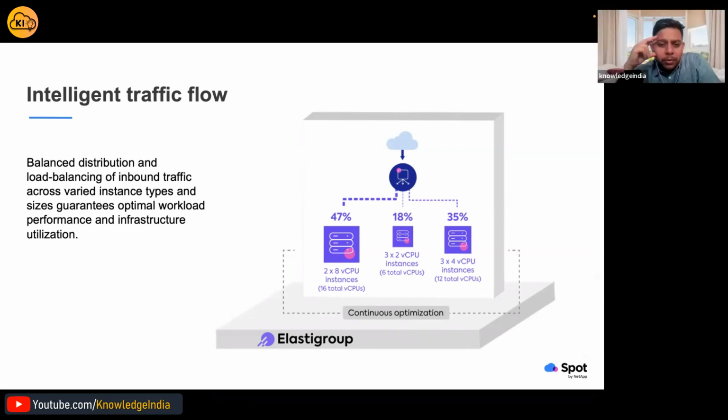Yeah, I'm just a bit curious on this. This is a very interesting feature. Elastigroup by Spot is more like an orchestration layer above. Underlying, we have got EC2 instances and the load balancer by AWS only. So are you saying that because of Elastigroup, it is able to change the distribution nature of the Amazon load balancer?